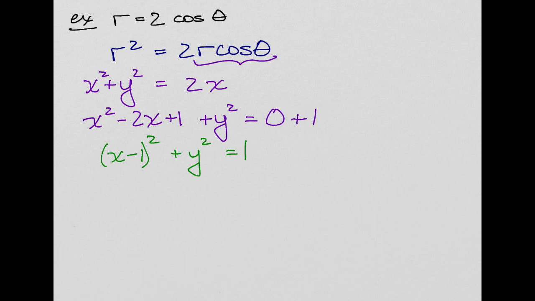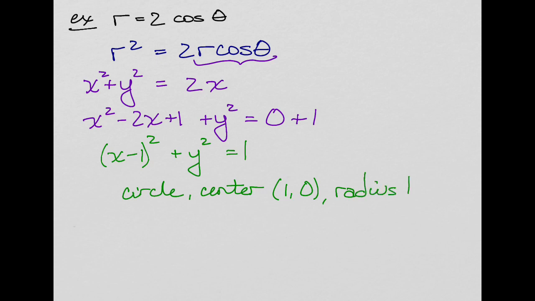Hopefully you recognize that as the equation of a circle with center, let's see, x is 1, y is 0. And with radius, well, r squared is 1. That means r not squared is also 1. So a circle with center 1, 0, and radius 1.